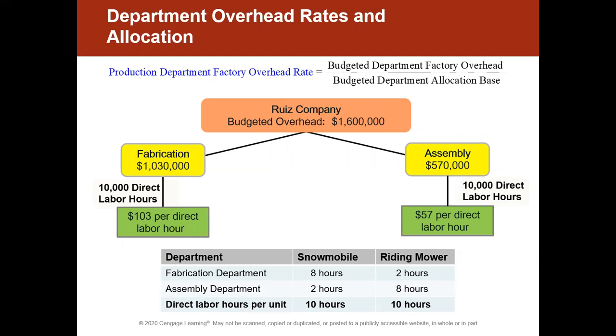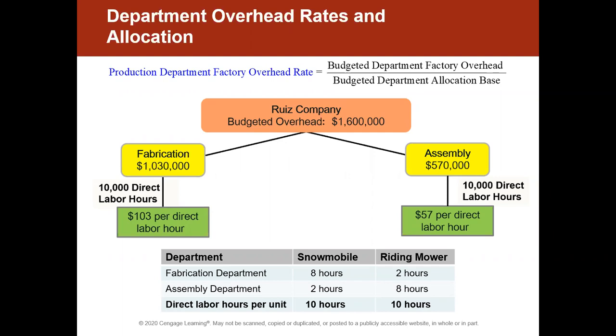And then they decide, in this case, they're both going to use direct labor hours, but in fabrication, direct labor is heavier, so there's less labor hours per the amount. So it's going to be $103 of overhead applied per direct labor hour.